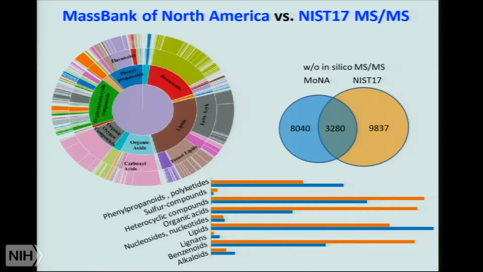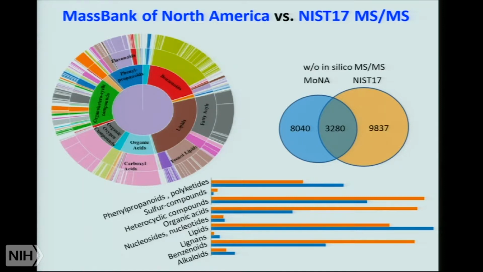Now we say that with every single new library or database, we get novel compounds for specific compound classes. And this is how we present those compound classes. And then we see when we compare those that some of them are really better in NIST-17 and others like lipids or polyketides are better using our database.